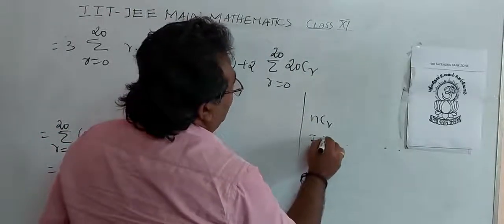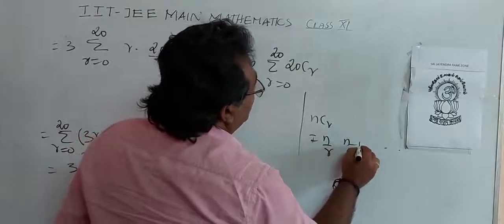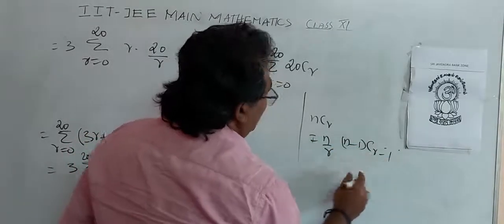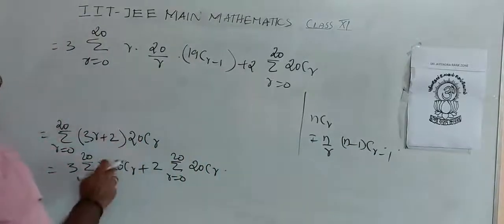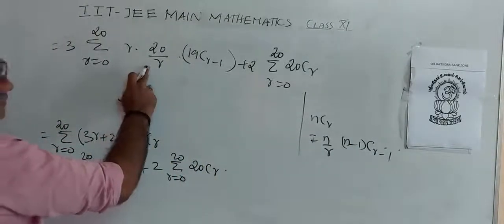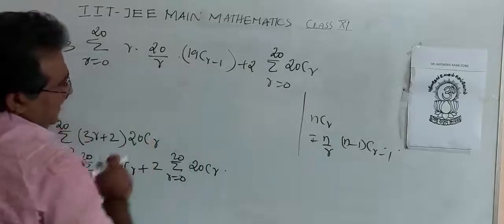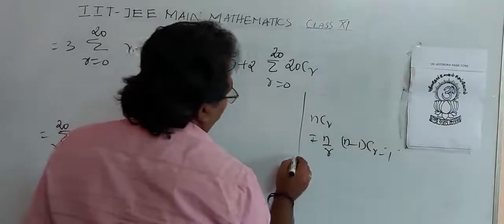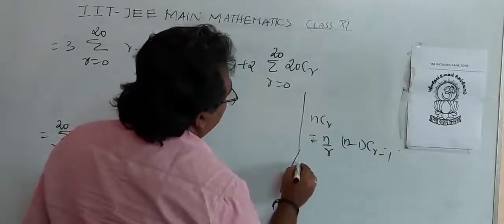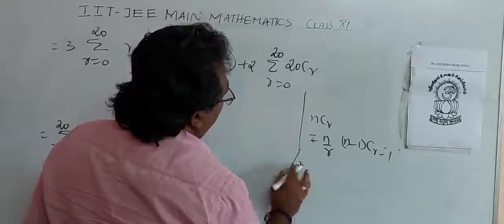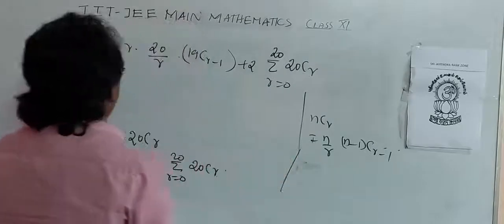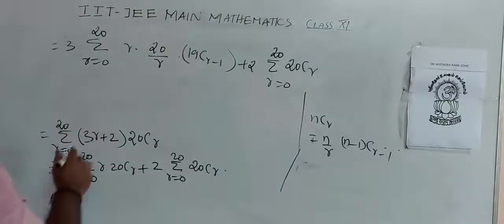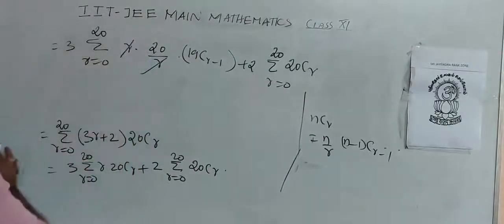We use NCR equal to N by R into (N minus 1)C(R minus 1), that is 20 by R into 19C(R minus 1). Further, the R will be cancelled.